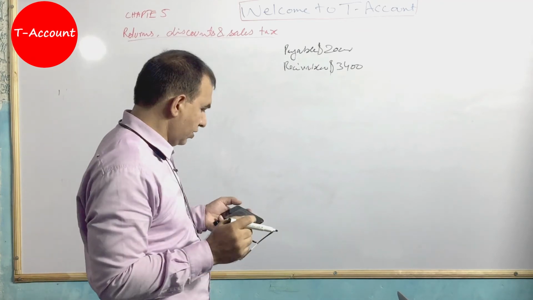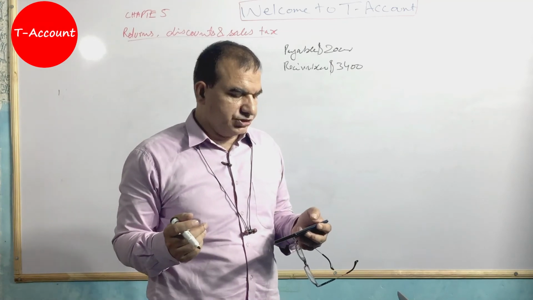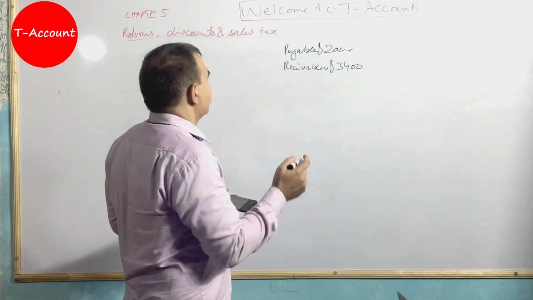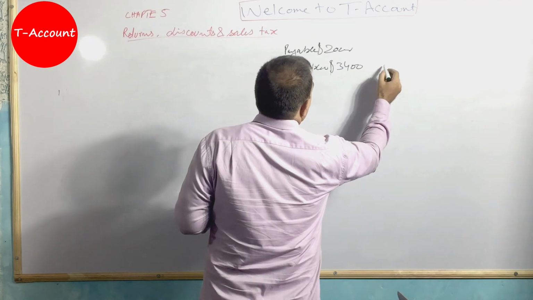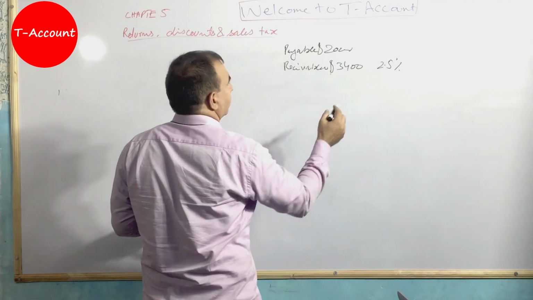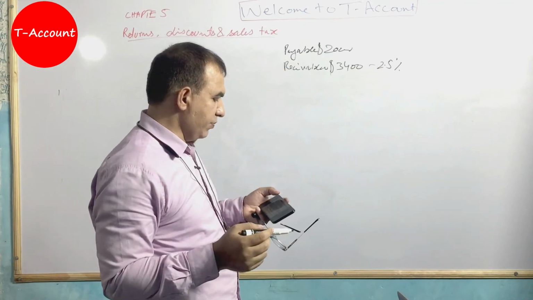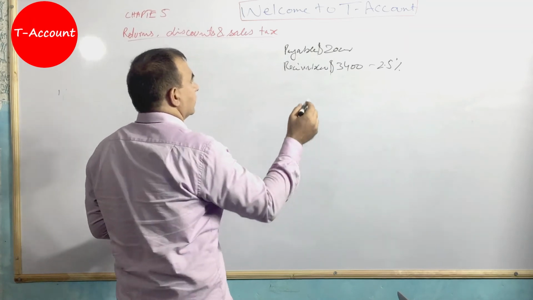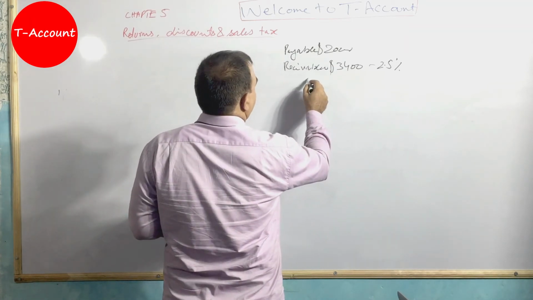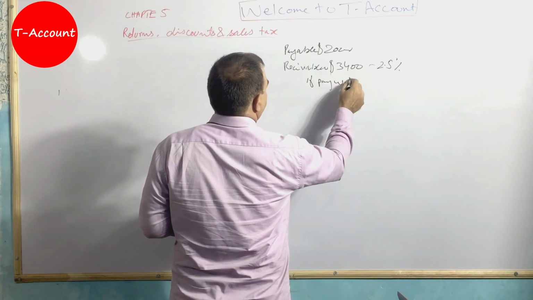Now George's policy towards his customers is he offers a cash discount of 2.5%. When is this offer valid? If they pay within 14 days.